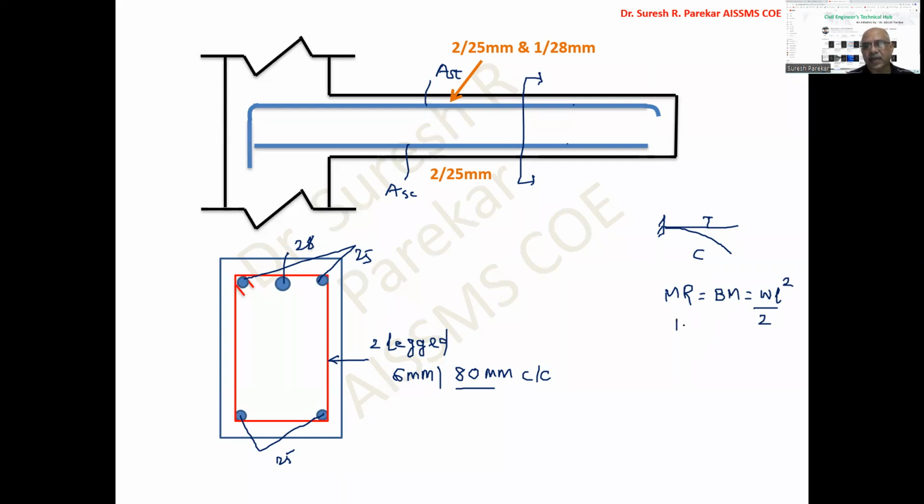We have around 1600 mm square steel available at the end, so we can curtail 50%. Therefore AST available will be 800 mm square. Then MR equals 0.87 Fy, which is 415, times AST, 800, times bracket D minus 0.42 XU.